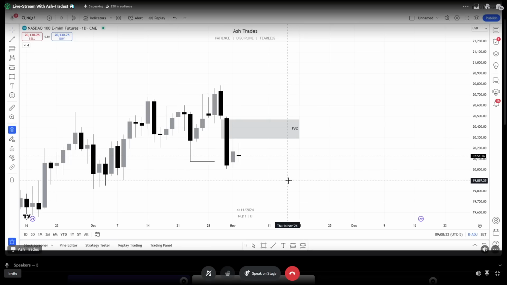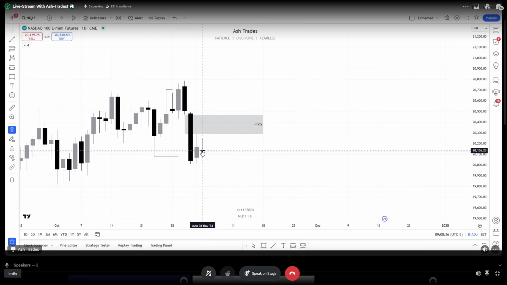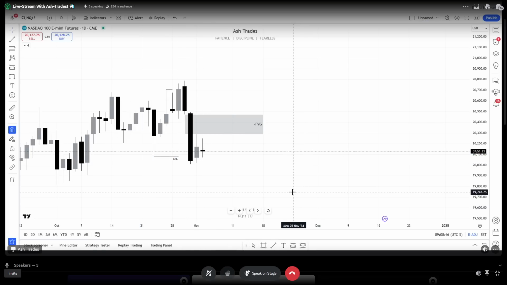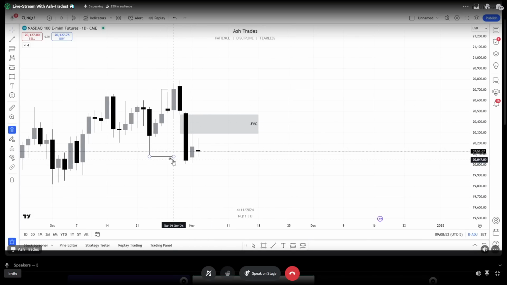Okay. So for this example, today, we most recently swept a swing low, right? So external here. And price is only ever doing two things. Price is either grabbing liquidity below a swing low or above a swing high. That's one thing that price is doing.